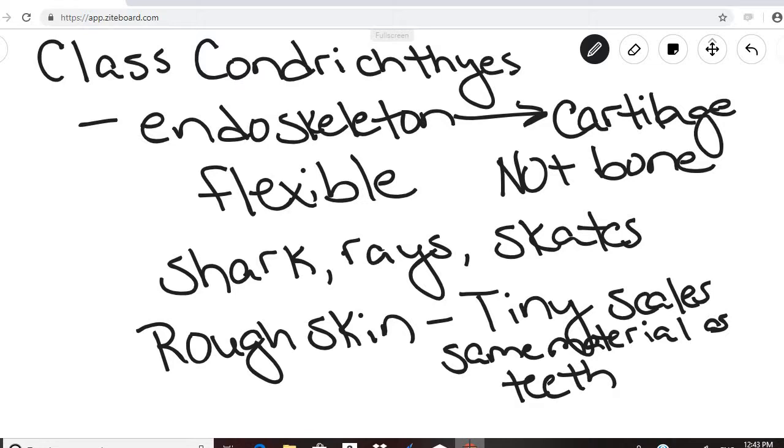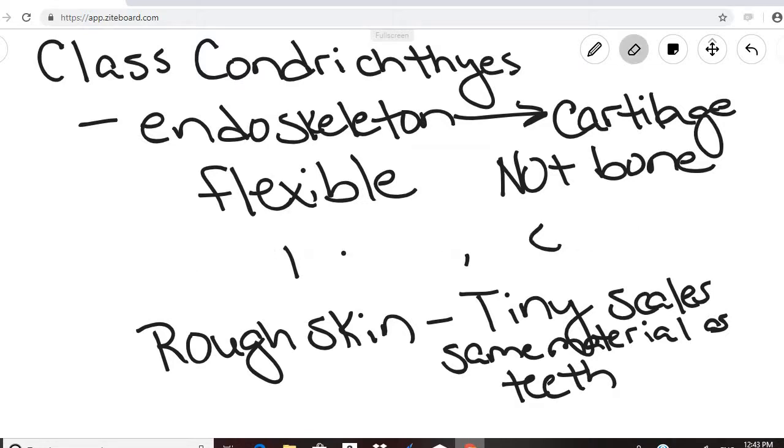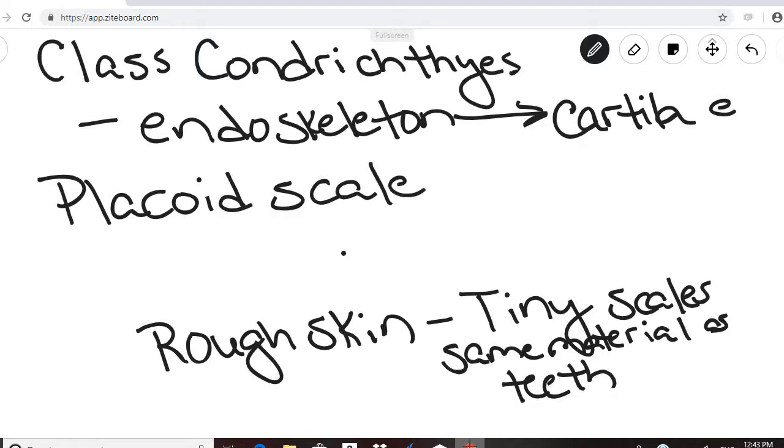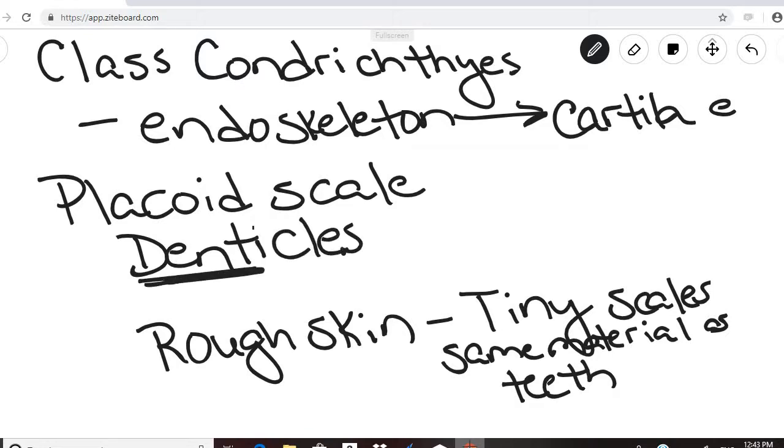And those scales are either called placoid scales, or maybe this one is a little bit easier, they can just be called denticles. So this term denta means teeth. So the scales on sharks, rays, and skates can either be called placoid scales or they can be called denticles.